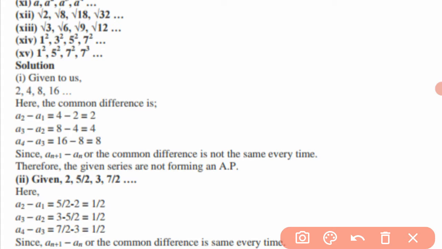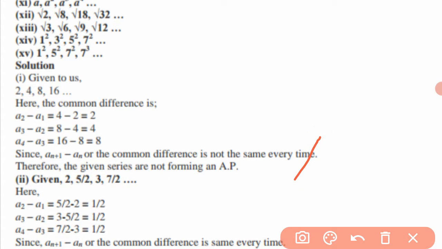So here a2 minus a1 is 2, a3 minus a2 is 4, a4 minus a3 is 8. Now here common difference should be equal. Here common differences are not equal, therefore it is not in AP. When common difference is not equal, then it will not be in AP. So since a(n+1) minus a(n), the common difference, is not the same every time, therefore the given series does not form an AP.